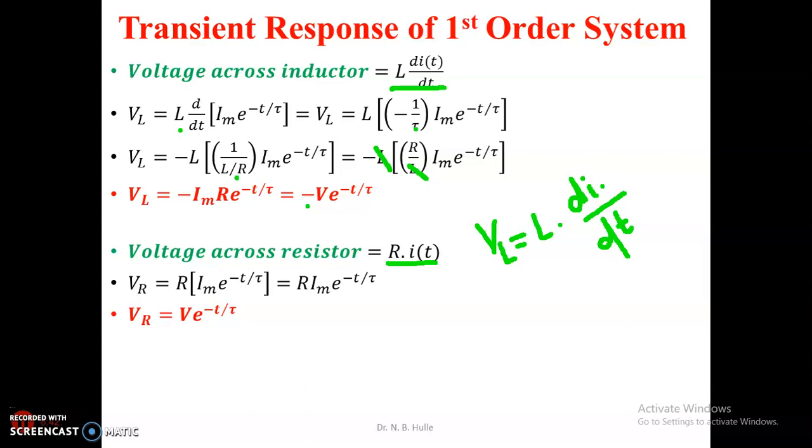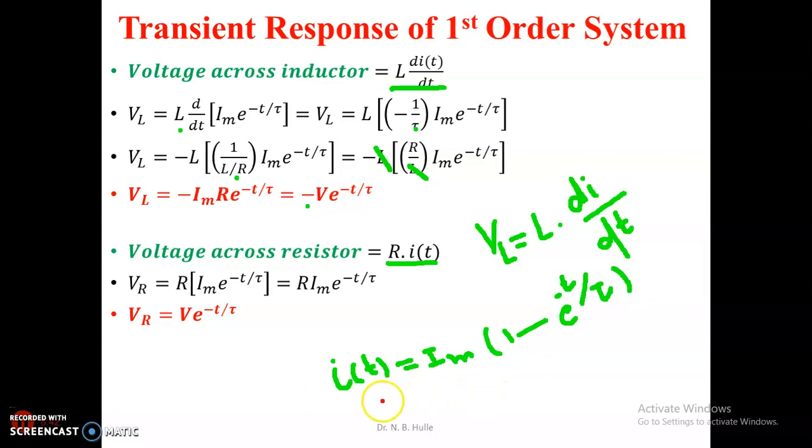How is this the case? I will take the case of charging of the inductor, the source driven RL circuit. In that case, the expression for the current i(t) is Im into 1 minus e raised to power of minus t by tau. That is the expression for current whenever the circuit is source driven.